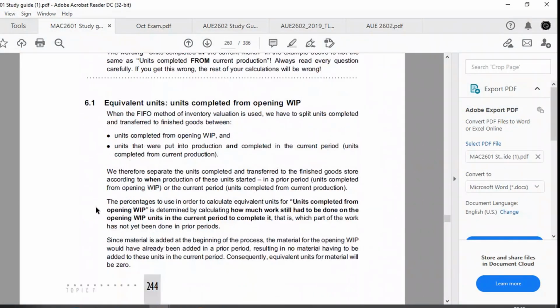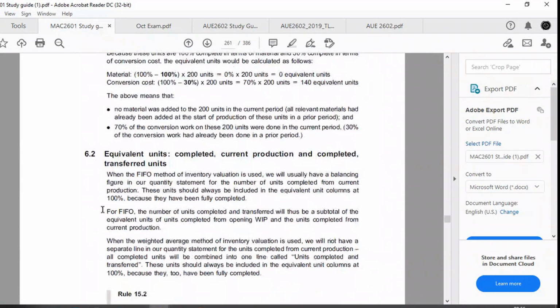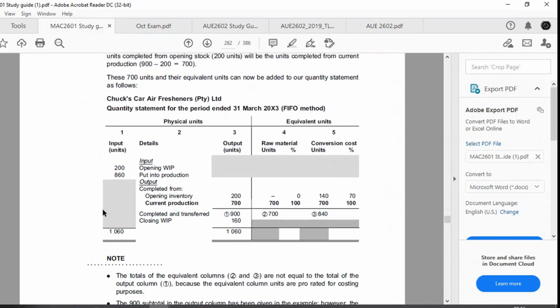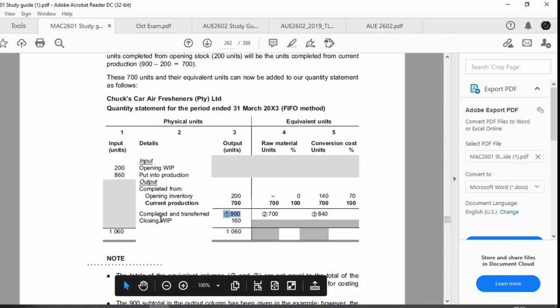So with the framework that we're looking at and what I just said, let's see under first in, first out, you put in all your input, you put your output, and you have that completed and transferred, and you also show your closing WIP.